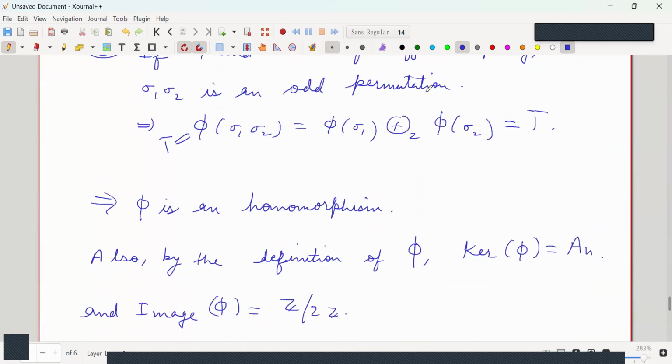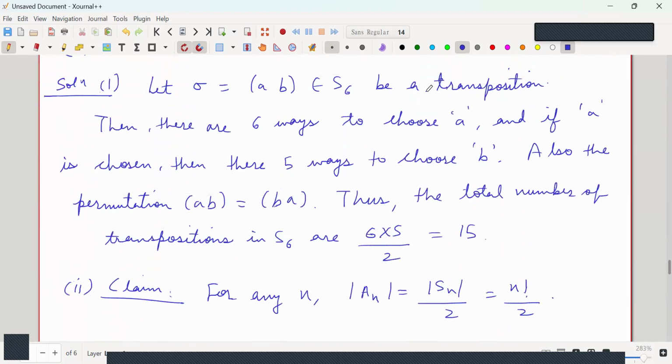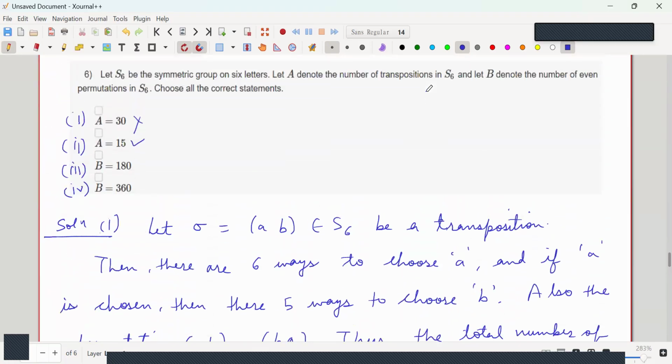So whenever you are asked to give the size of a normal subgroup and you know the size of the group, always try to construct a homomorphism. Now, with respect to each normal subgroup, there is a natural group homomorphism for which that normal subgroup is a kernel.